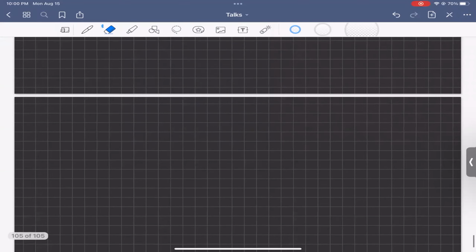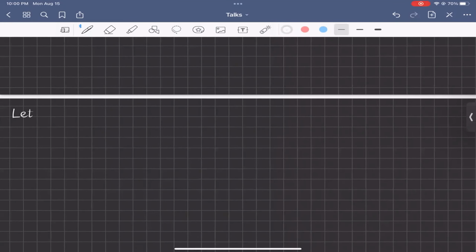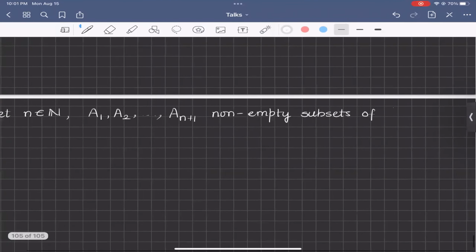Okay. So let n be a natural number and A1, A2, up to A(n+1) be non-empty subsets of {1, 2, so on up to n}.